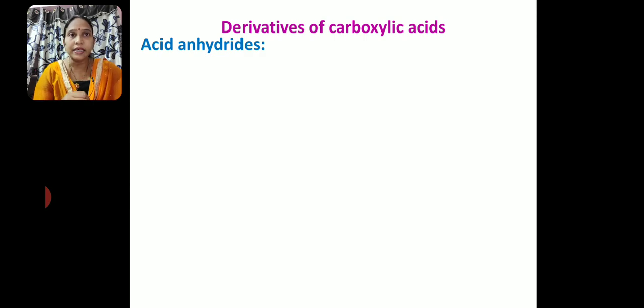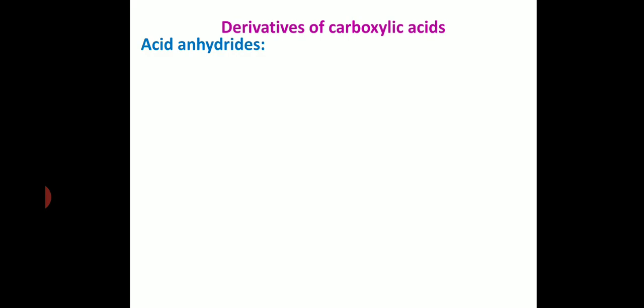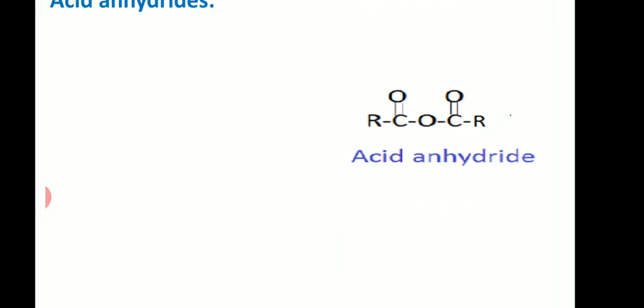The first one is acid anhydrides. So what is an acid anhydride? Yes, in its name itself acid is there. So its structure is like that, RCOO, COR, acid anhydride.